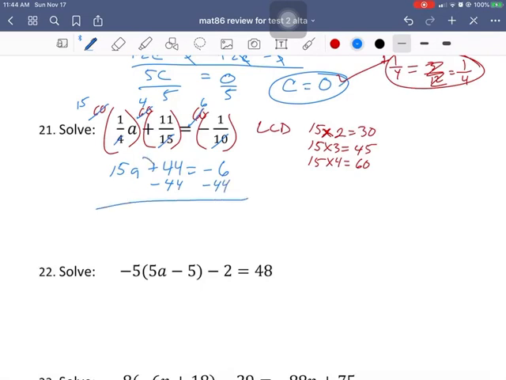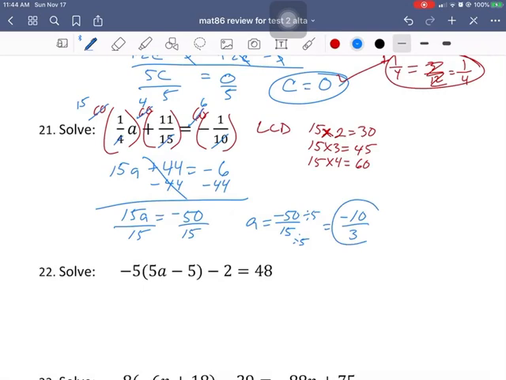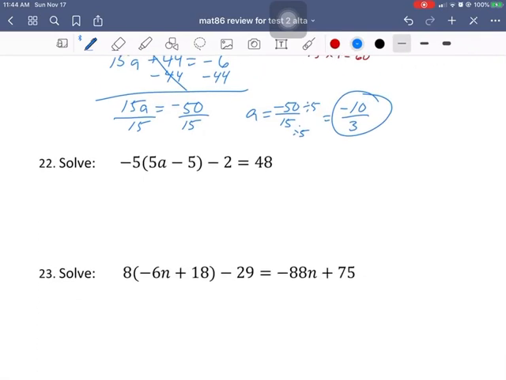Move this over. 15a equals negative. A negative plus another negative is a bigger negative. Divide by 15. a is going to be negative 50 over 15, which means they need to be divisible by 5. Negative 10 over 3. Okay.